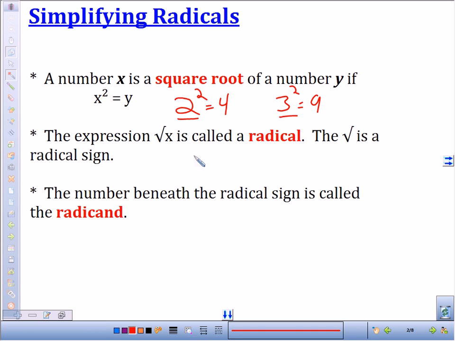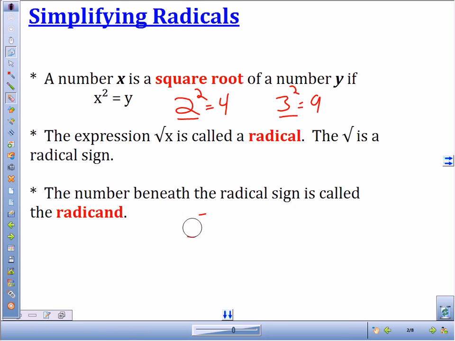The number beneath the radical sign is called the radicand. So if I had the square root of 3, the entire thing would be the radical. The symbol is the square root, and the number under the square root or radical sign is the radicand. So that's some basic vocabulary.